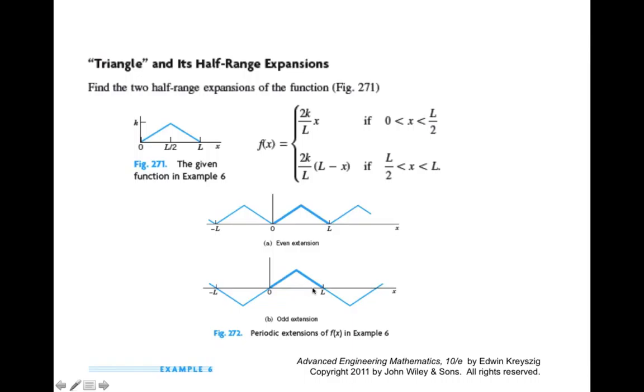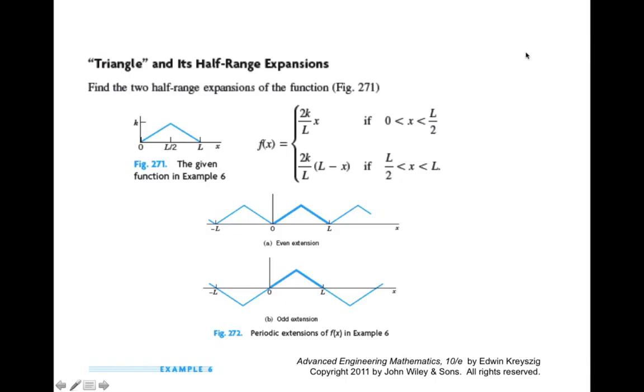Now, we can't write a Fourier series on the function shown in figure 271, but we can write a Fourier series on the function shown in figure 272 because we have even and odd. So we could write a Fourier series expression for each one of these and then use the property that basically the actual function would be function A minus function B. And so we could take the difference in individual coefficients in order to get a Fourier expression for this figure here.